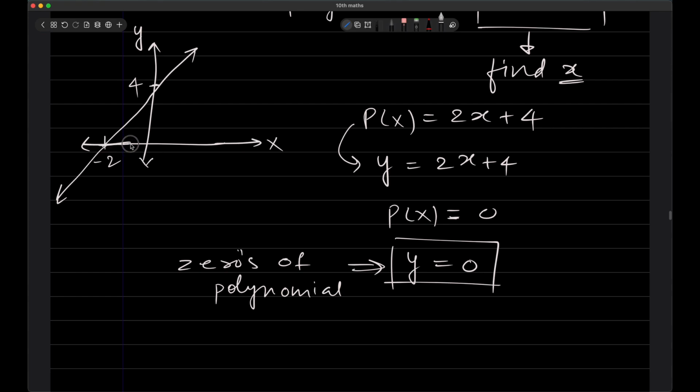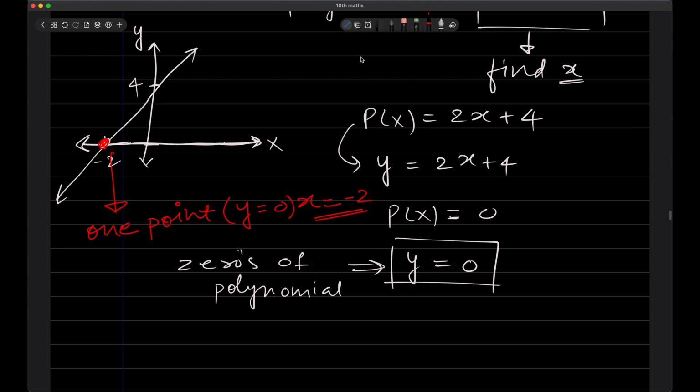The points where y equals to 0 lie on the x-axis. The x-axis has y equals to 0. So in this case there is only one point where y equals to 0, and the corresponding x is minus 2.